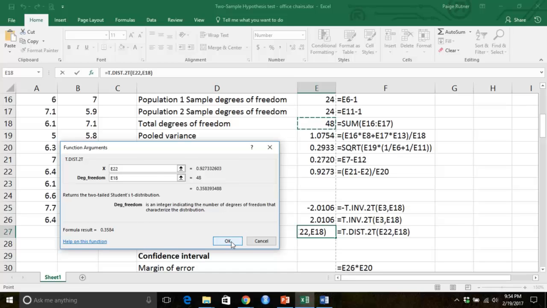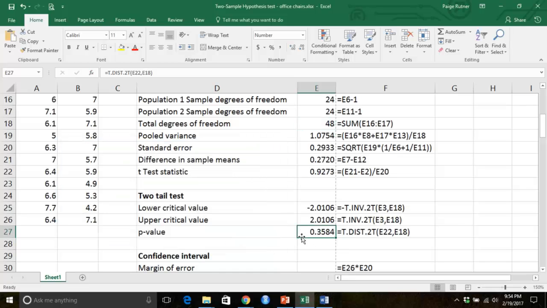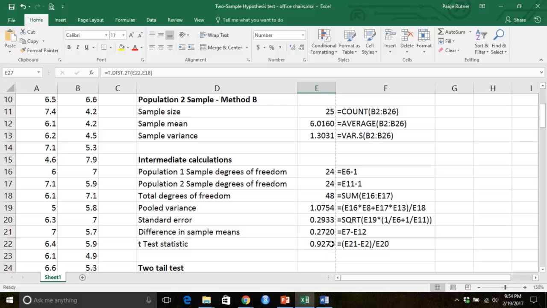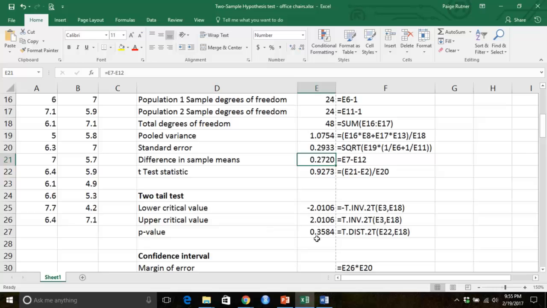And so the sum of those two works out to be 0.3584, and that is the probability, if in fact there is no difference between the assembly times given the two different methods, of getting a test statistic at least as extreme, which we could also interpret as the probability of getting a sample difference at least as much as 0.27 minutes between the two assembly times, if in fact there is no difference.